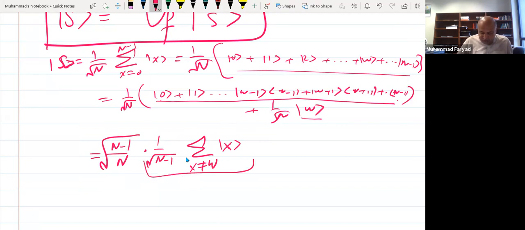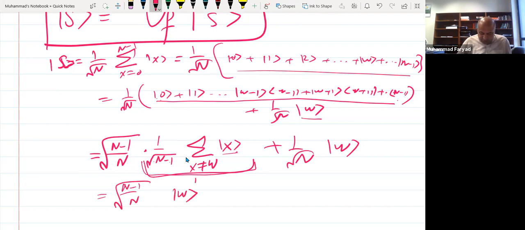So this is one state plus 1 over square root of n times W. Now this is a normalized state, okay, because this sum has n minus 1 elements, and I have 1 over square root of n minus 1 here. Let me give it some name. And an appropriate name is W perpendicular, because this state is orthogonal to W.